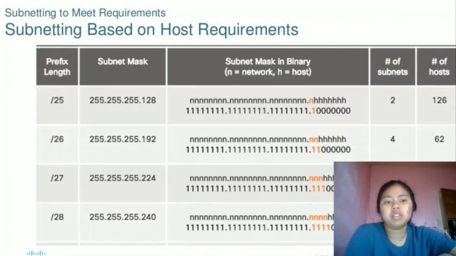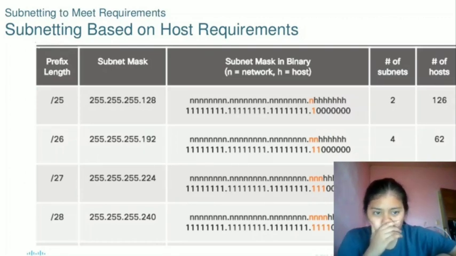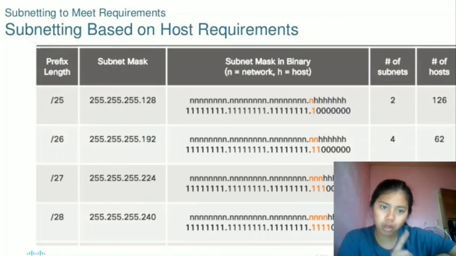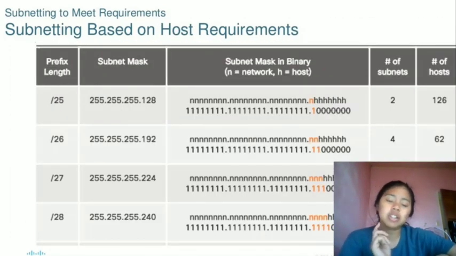Subnetting based on reverse. The number of subnets is 2 to the n power. So 2 to the 1st power is 2, 2 to the second power is 4, 2 to the third power is 8, and the last one, 2 to the fourth power, is 16.